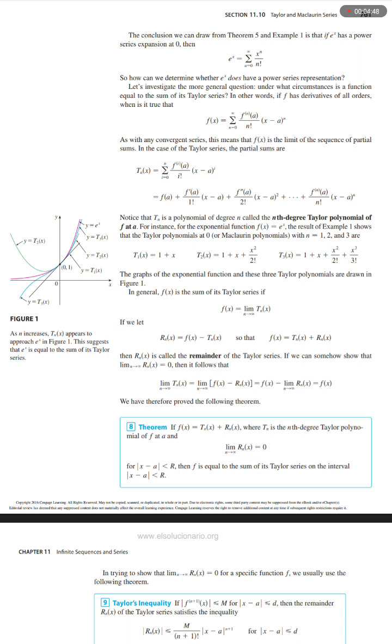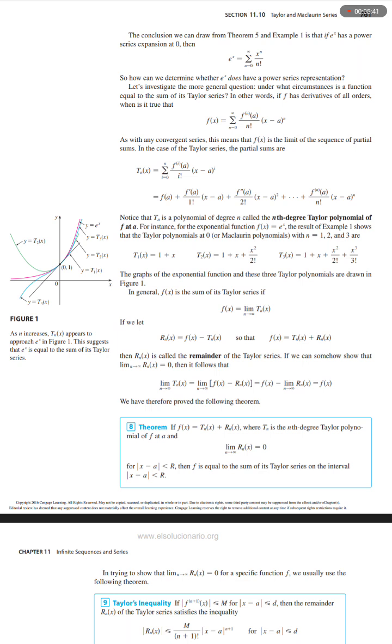For instance, for the exponential function f(x) = e^x, the result of example 1 shows that the Taylor polynomials at 0, or Maclaurin polynomials, with n equals 1, 2, and 3 are T_1(x) equals 1 plus x, T_2(x) equals 1 plus x plus x squared over 2 factorial, and T_3(x) equals 1 plus x plus x squared over 2 factorial plus x cubed over 3 factorial.